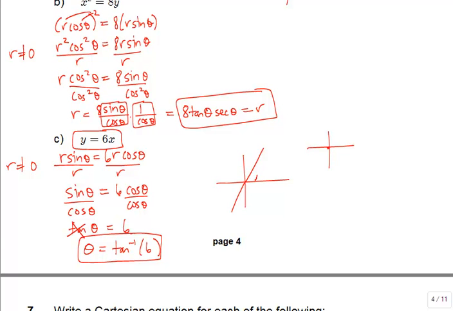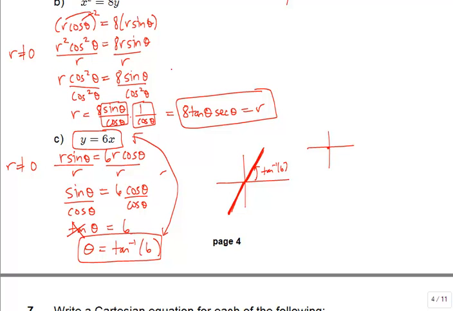So this angle right here turns out to be the inverse tangent of 6, and if you let r be anything positive, that gives you all these points, and if you let r be anything negative, that gives you all these points. So by letting r vary and be any real number, but restricting the angle to be this particular angle right here, you do generate that whole line. So that's why these two equations really do graph you the same exact picture.